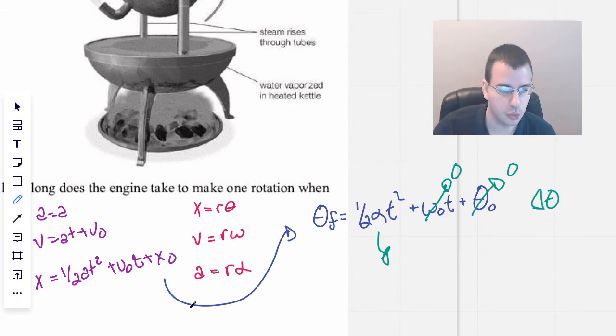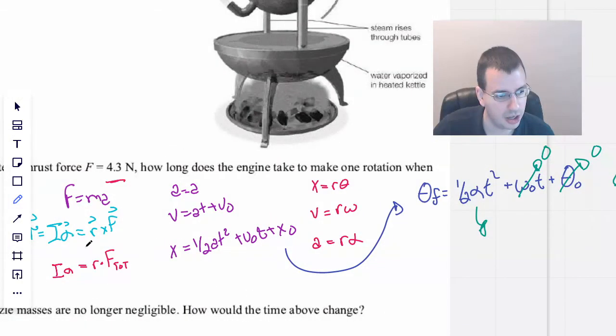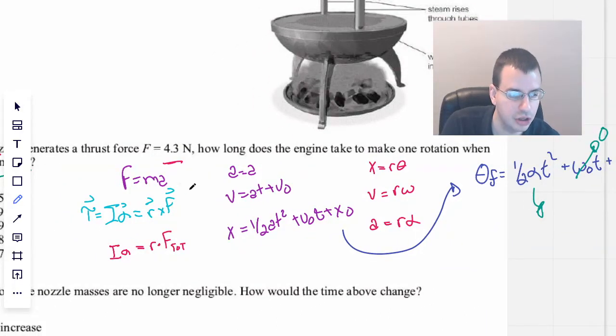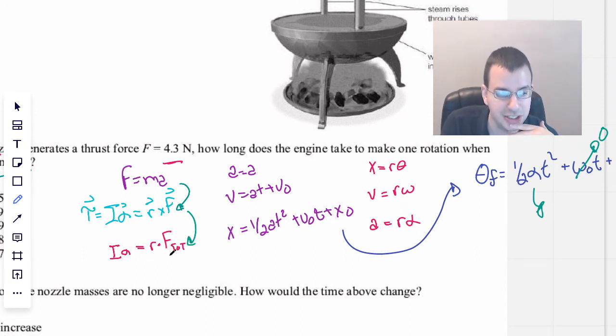Alpha, we have this idea over here of force equals ma, which we then kind of rewrote a few times to get moment of inertia times alpha equals radius times force total.